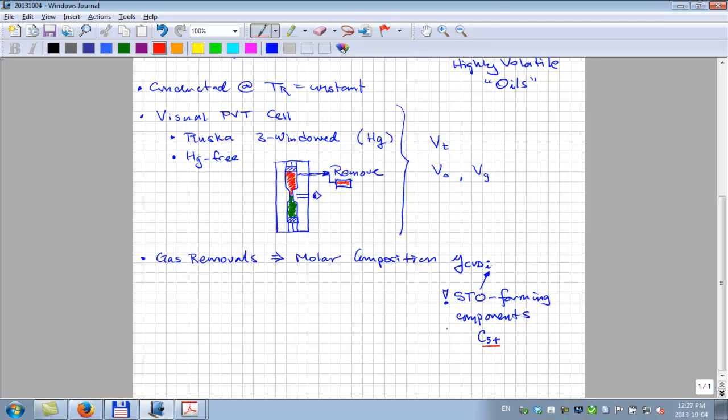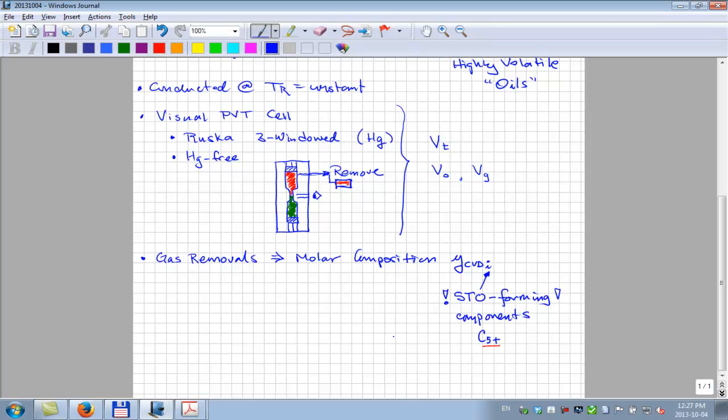So there's special equipment and procedures to guarantee that what you remove remains as what you removed, and that you don't lose this little drop of liquid that might be a large amount of the material that's forming the stock tank oil.